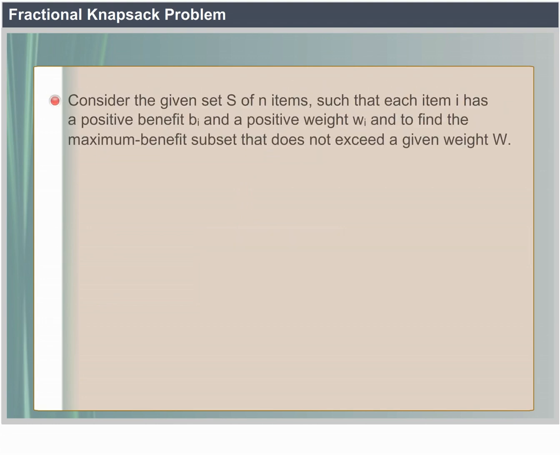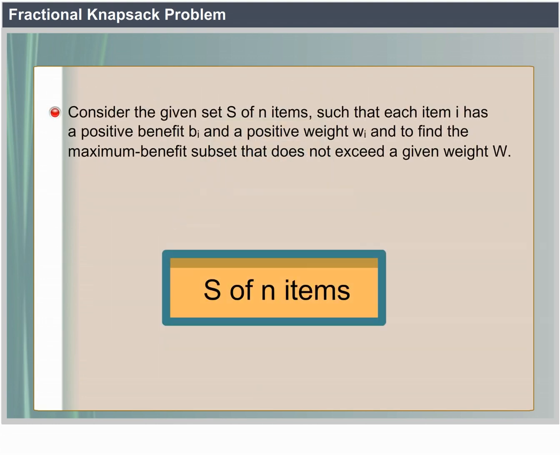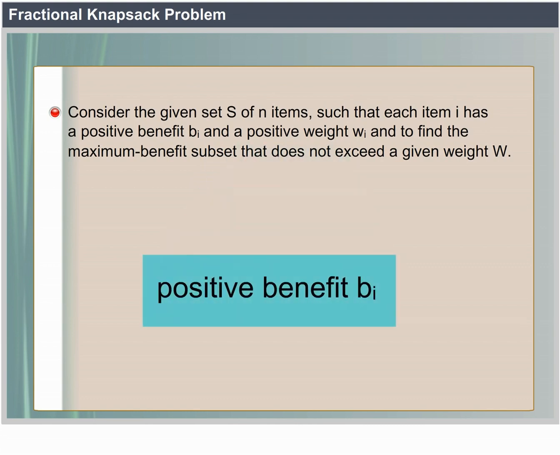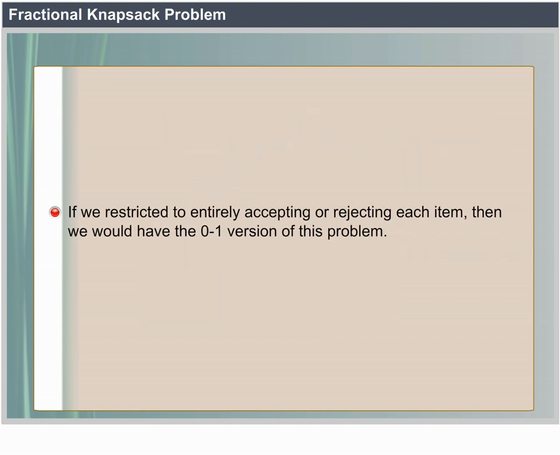Consider the given set S of n items such that each item i has a positive benefit b_i and a positive weight w_i, and we want to find the maximum benefit subset that does not exceed a given weight W. If we restricted to entirely accepting or rejecting each item, then we would have the 0 or 1 version of this problem.